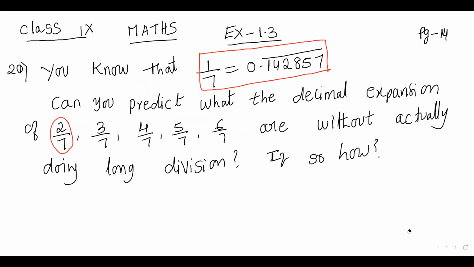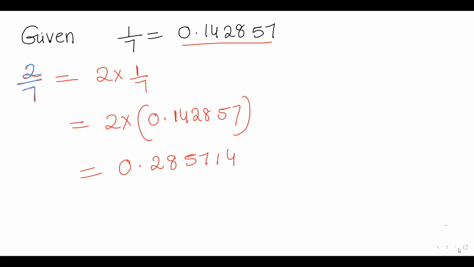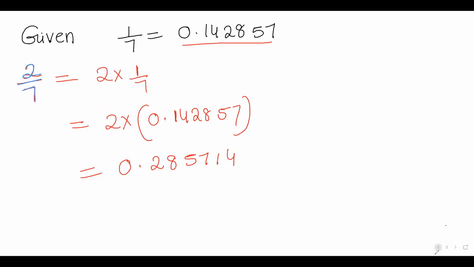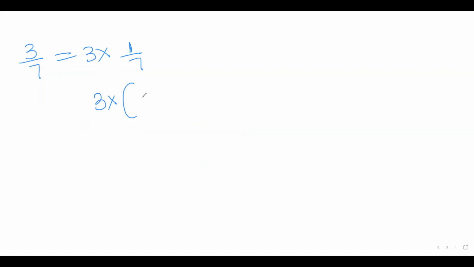He is asking us to find next 3 by 7. Let us do 3 by 7 part in the next page. 3 by 7 can be written as 3 into 1 by 7. 3 into 1 by 7 value is given in the question itself as 0.142857.